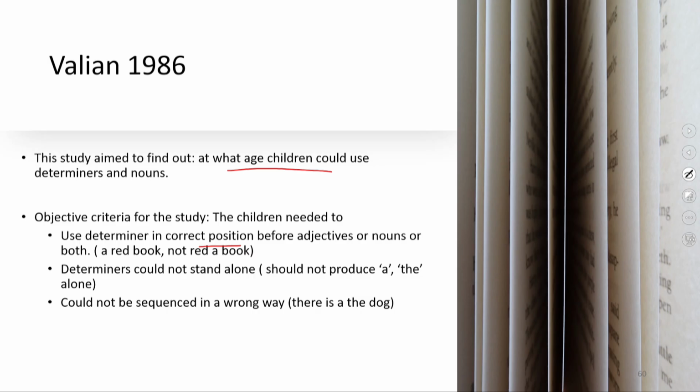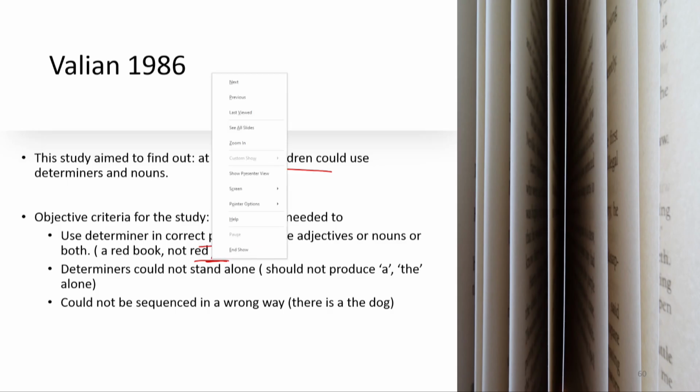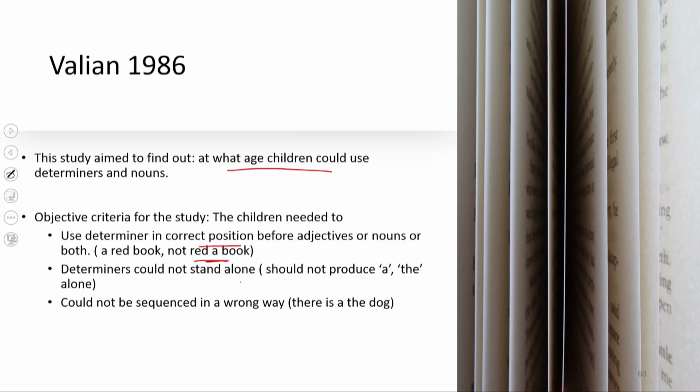and then it will be a red book. This will not be a grammatically correct sentence, because the is appearing here in the middle, red the book, that is an ungrammatical construction. So, it has to be the red book. They need to know the determiner will come before the adjective if there is an adjective before the noun.